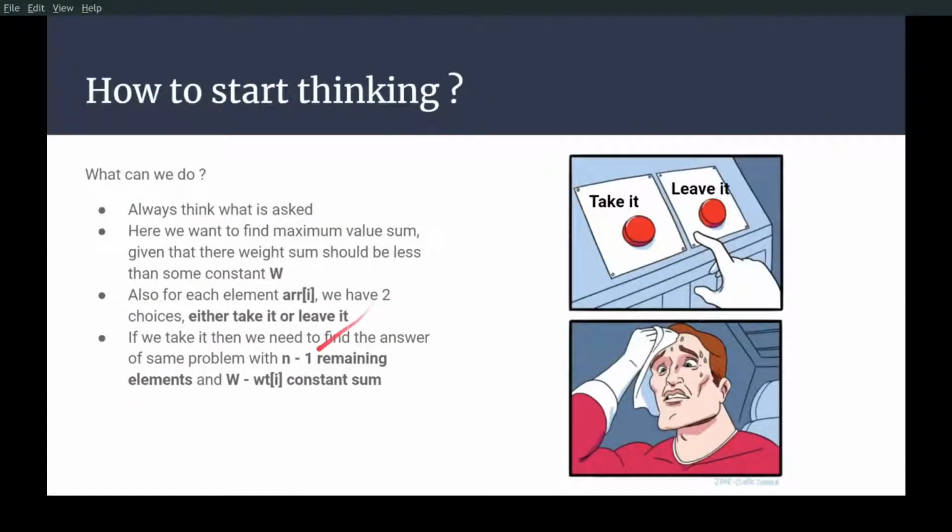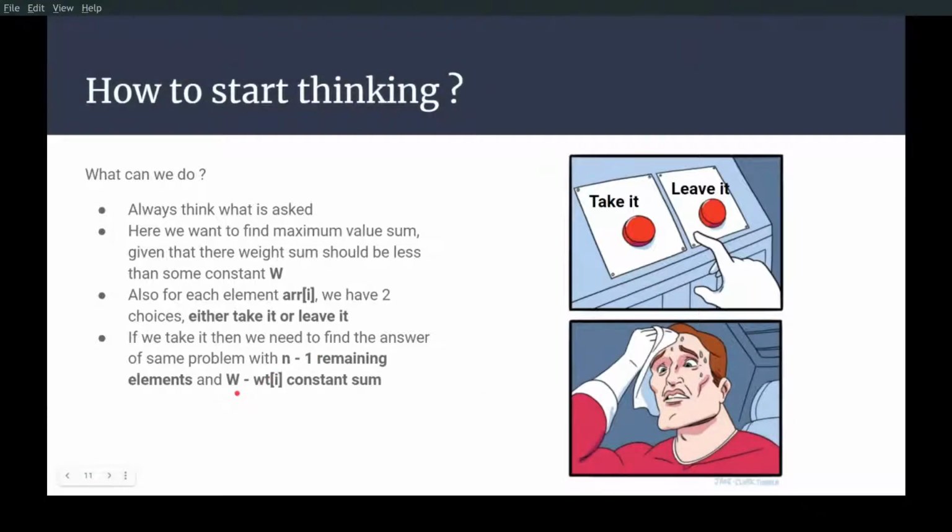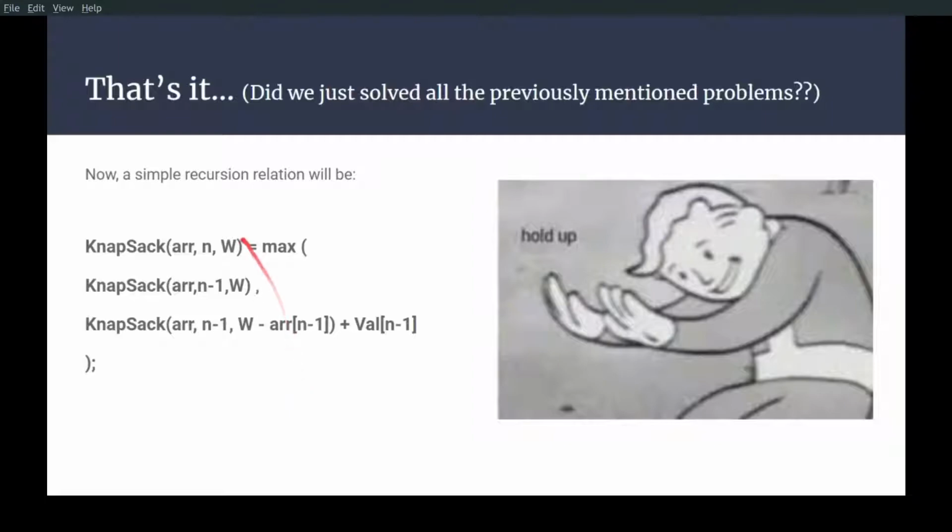So let's say I have taken an element, so my total remaining elements will be n minus 1, and the total sum that I can have now will be W minus the weight of the element which I have just taken. That will be my remaining capacity.